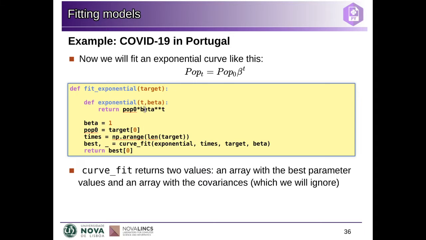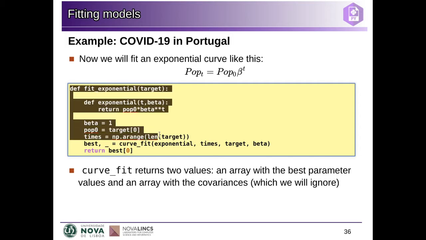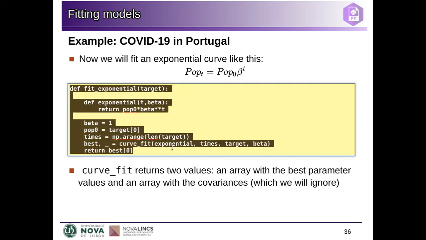For example, this beta name, when Python wants to evaluate here, it will find that there is a local variable called beta. So it will not look at this one, it will look at the one that is being given to the function. But when it goes for pop0, there is no pop0 here in the local namespace. It will look in the enclosing namespace of the parent function here.